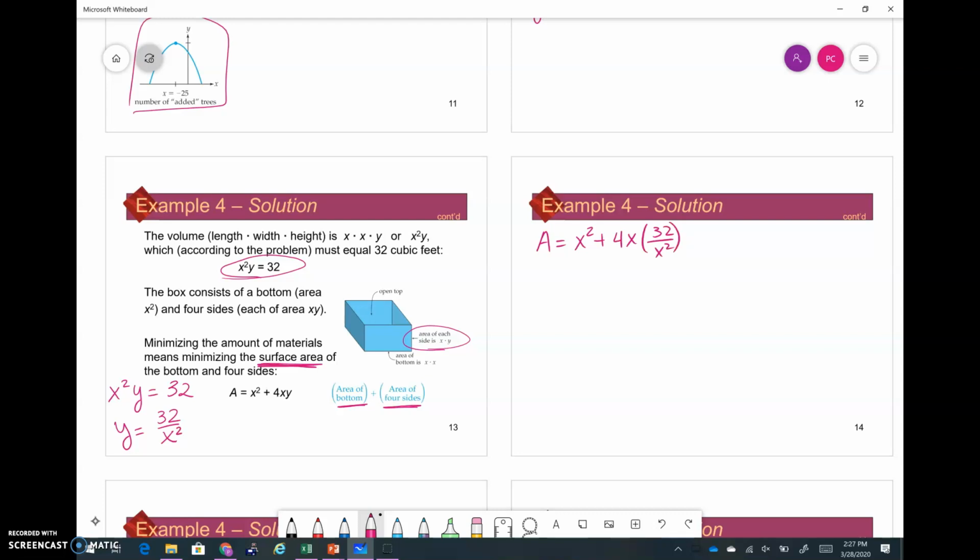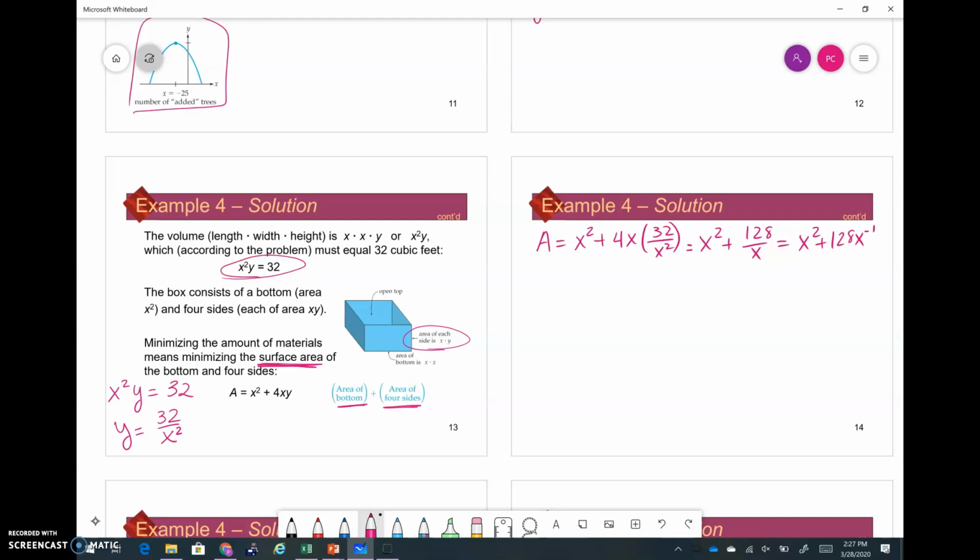If we simplify this, we end up with x squared plus 128 over x, which remember we can pull that x up to make it easier to differentiate: x squared plus 128 times x to the negative 1. This is what we want to minimize.